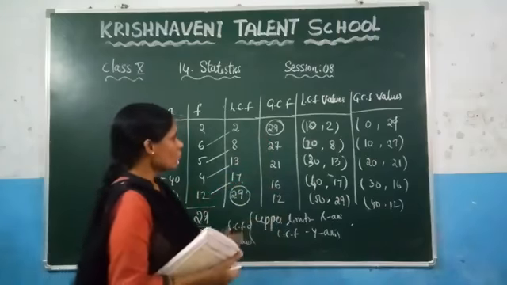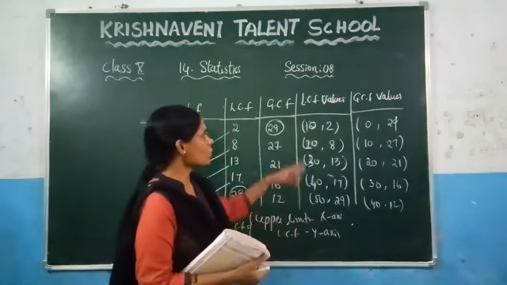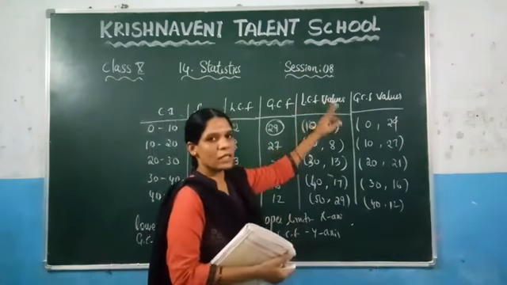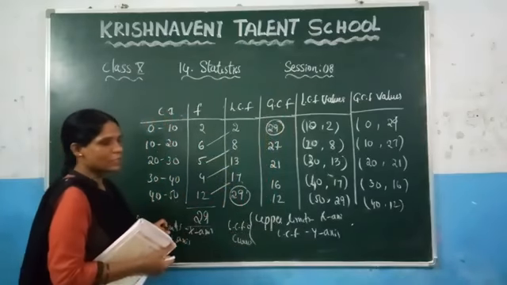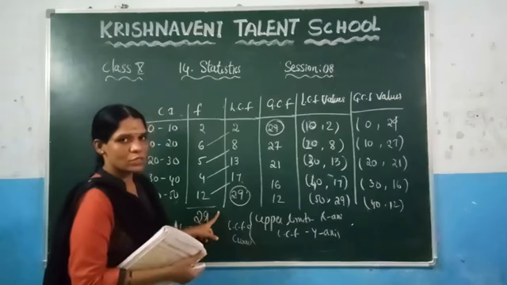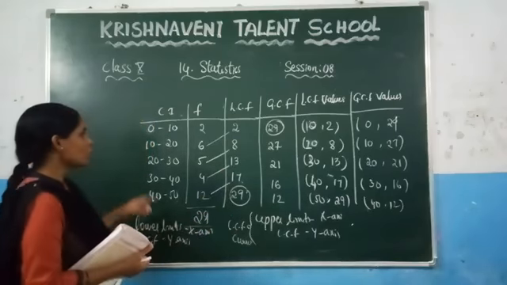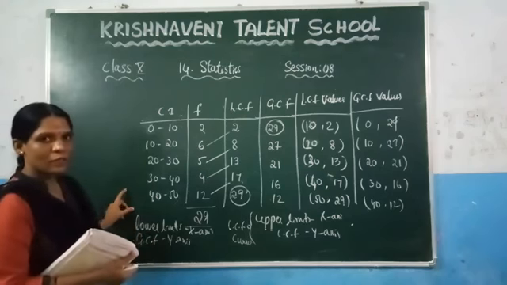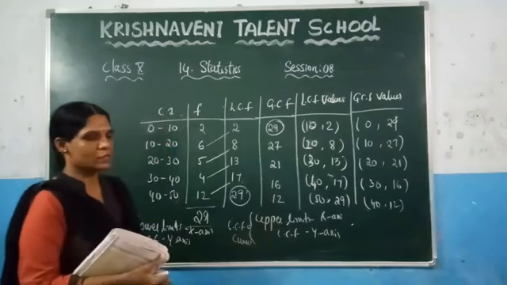And if you want to know how to represent the coordinates: for the less cumulative frequency curve, you need to take the upper limits on the x-axis and less cumulative frequencies on the y-axis. Similarly for the greater cumulative frequency curve, you need to take lower limits on the x-axis and the greater cumulative frequencies on the y-axis.